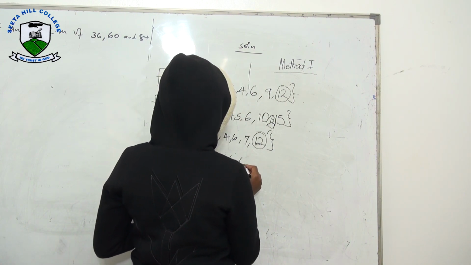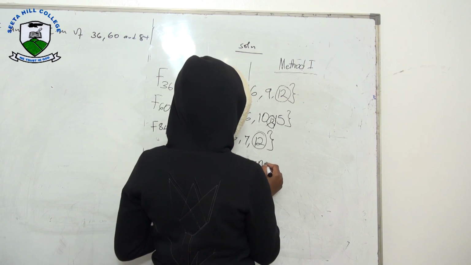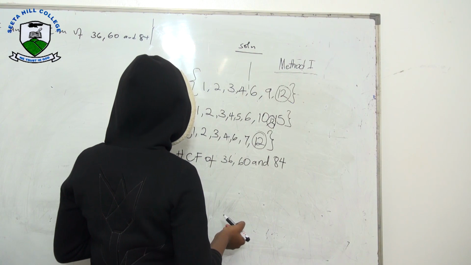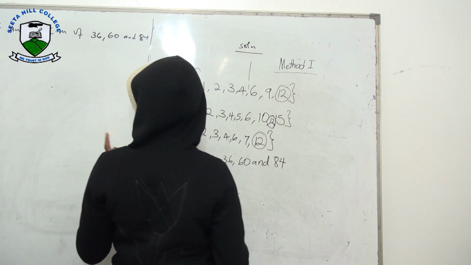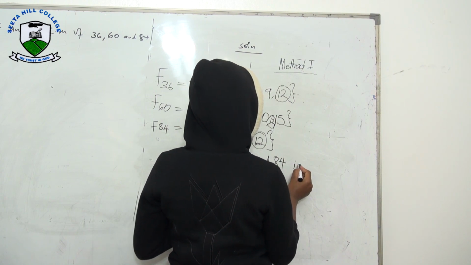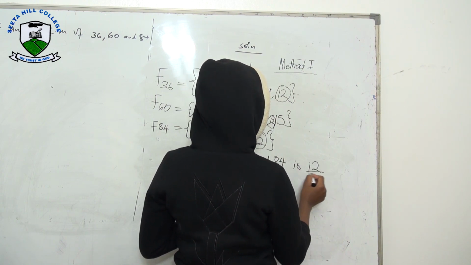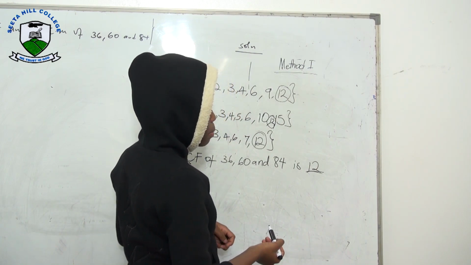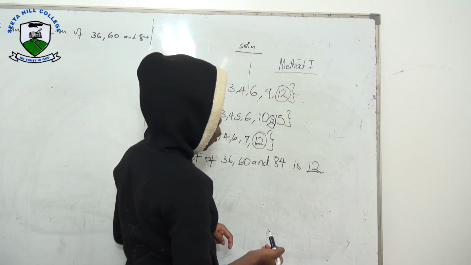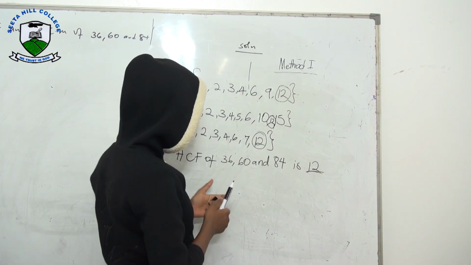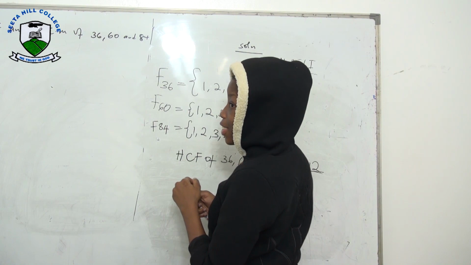I think we completed all those factors till we reach 36, 60, and 84. Don't you think there are some other factors there that are common? I think so. You are correct, why?